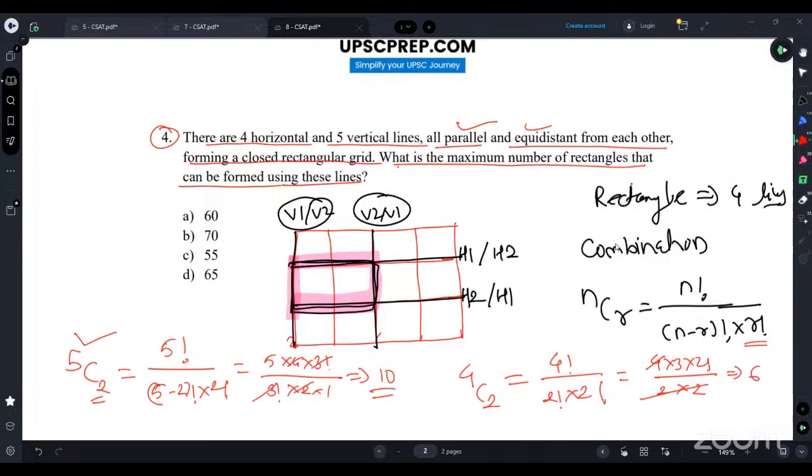So you have a total of 10 possibilities for choosing vertical lines and 6 possibilities for choosing horizontal lines. So 10 into 6, 60, should be the correct answer. So 60, that is option A, is the correct answer.